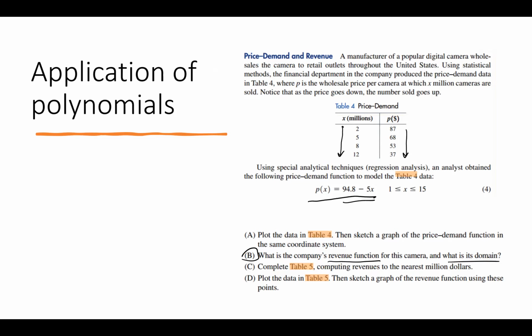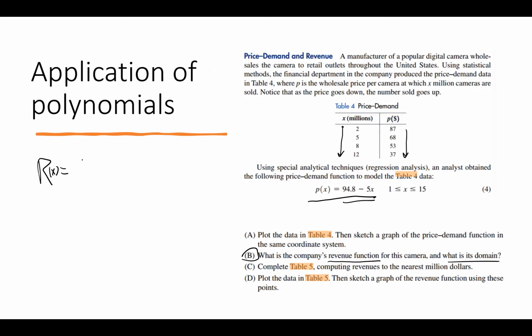So we know that in this case, we have the revenue function, which can be calculated as a product. If we denote the revenue as R, it's actually a function of x.